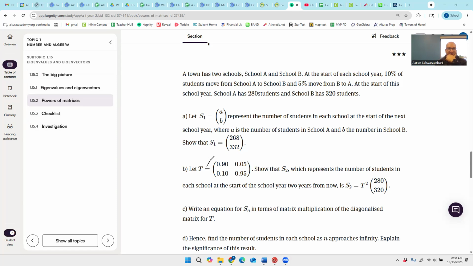So this is like A, B, A, B. So this is current state. This is new state. So school A keeps 90% of its students and gains 5% of school B's. So current is on top.